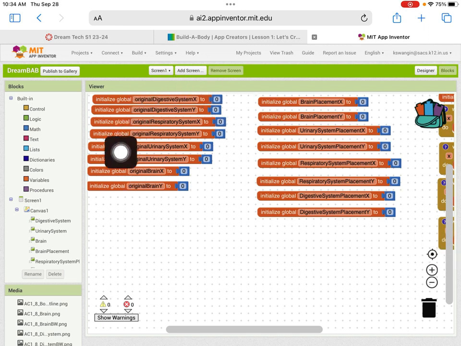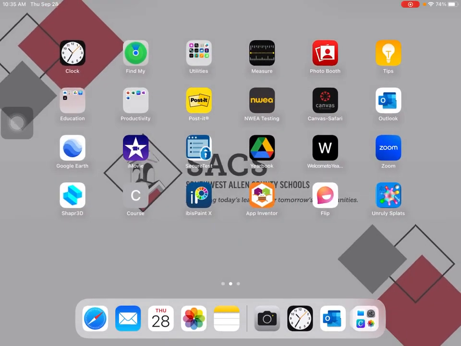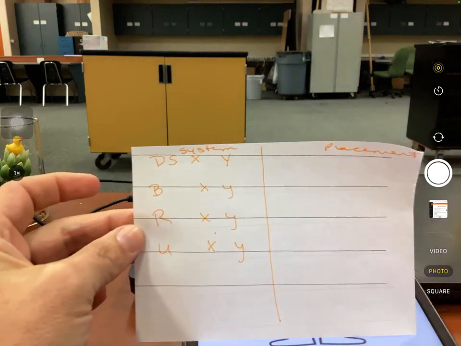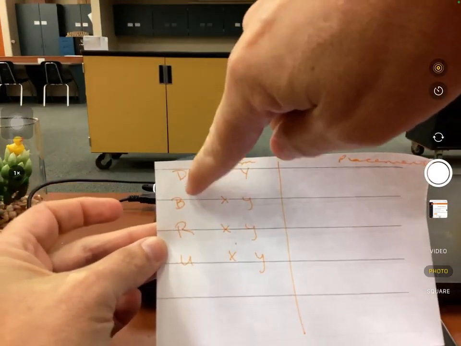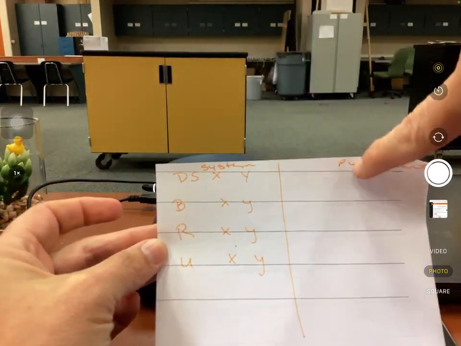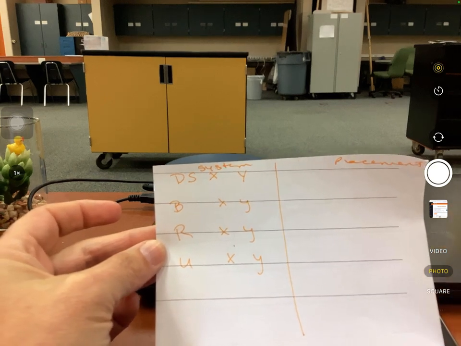That's where these numbers are going to come from. Then, in a second column, so my first one is systems, my second one is going to be placement, X's and Y's. So for my paper, I set it up like this, where my systems, digestive, brain, respiratory, urinary, and then my placement dots are coming over here.